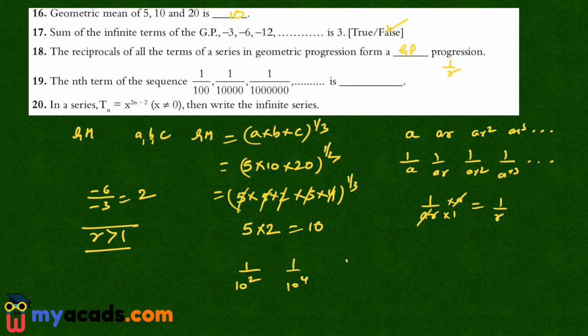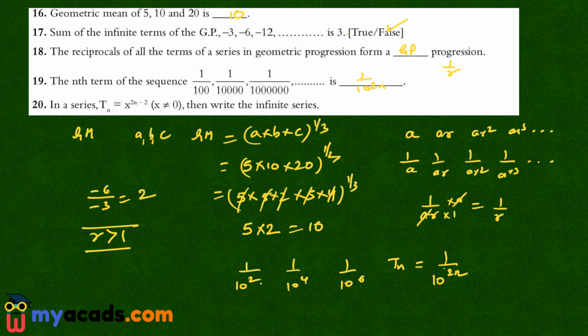And my next term is 10 raised to the power 6. So it means my nth term is 1 upon 10 raised to the power something. Since it is 2, 4, 6, so it is 2n. So my Tn is 1 upon 10 raised to the power 2n.